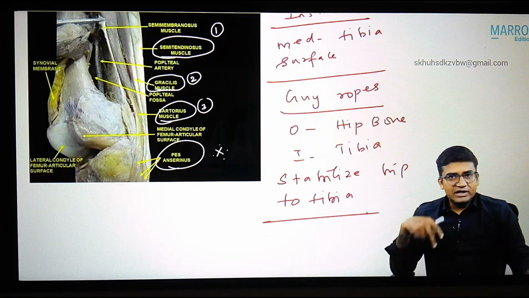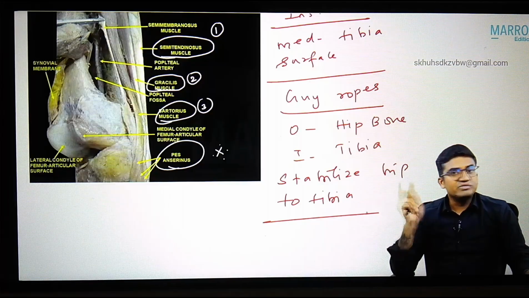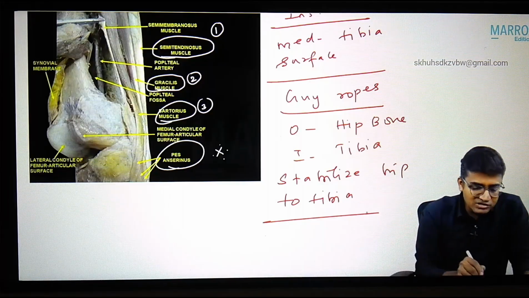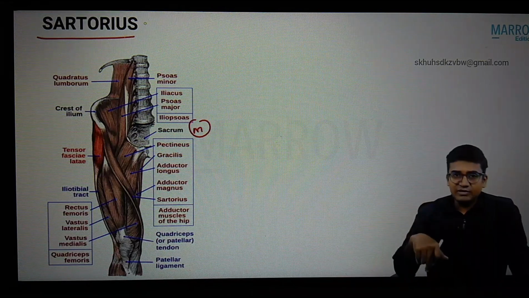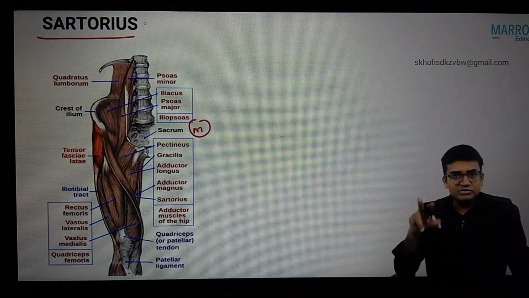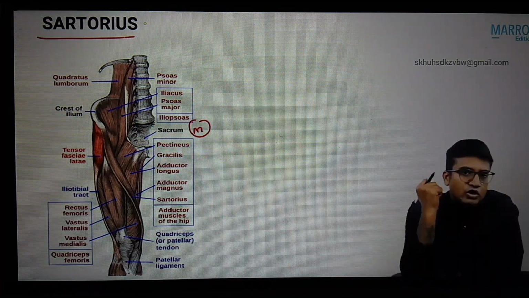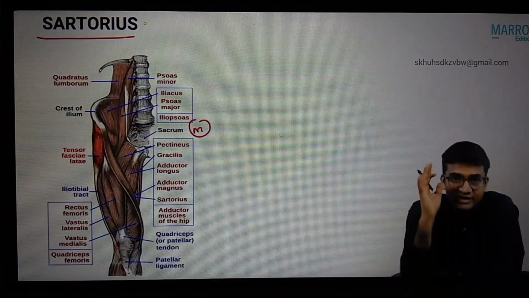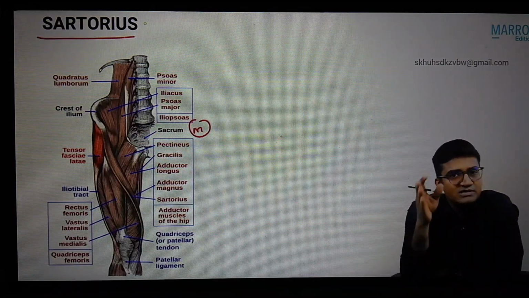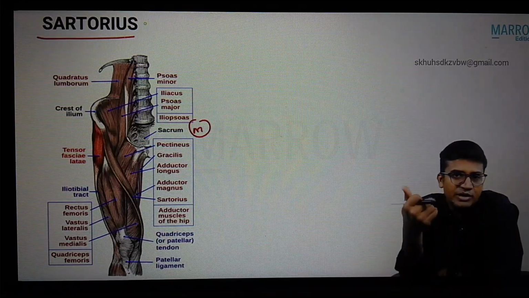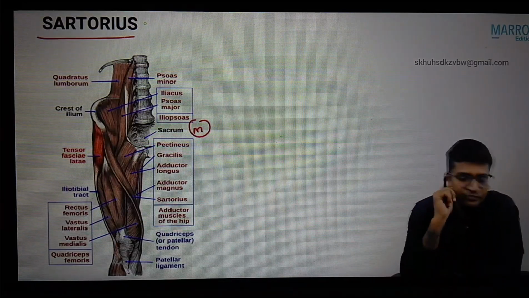Now the supply, I told you, is the anterior division of the femoral nerve. Now what is the action of the sartorius at the level of the hip joint and the knee joint? The sartorius is related to both the hip joint and the knee joint. If you want to know the action of any muscle, just follow this rule: the origin point is fixed, and the insertion point moves towards the origin point.